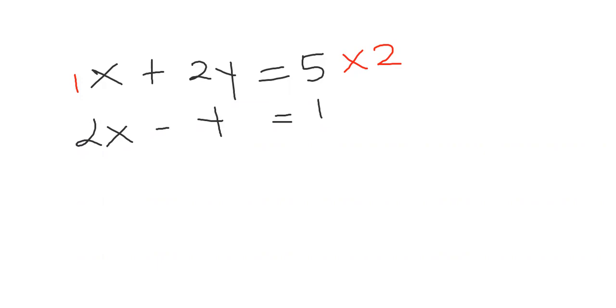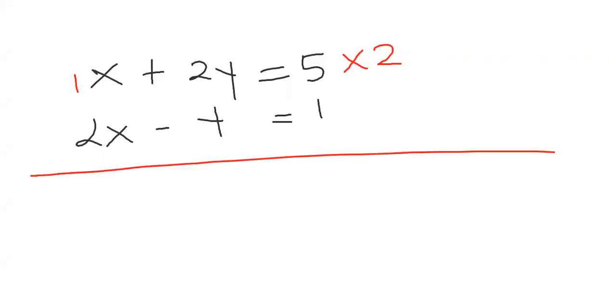And the other equation, I'm just going to leave it there. I'm not going to do anything to it. Because if I multiply the first equation by 2, this is what I'm going to get: 2x plus 4y is equals to 10. So that number that you are multiplying with multiplies every term in your equation.